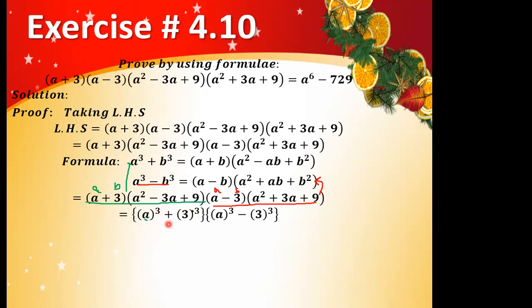Okay, we will write it in curly brackets, then again the next curly bracket, and then we are going to apply the formula over here. So this will be a cube, we are going to take the cube of a minus 3 whole cube. Term b is 3 and we have to take the cube of term b. Now please tell me, is it clear? Write it down.